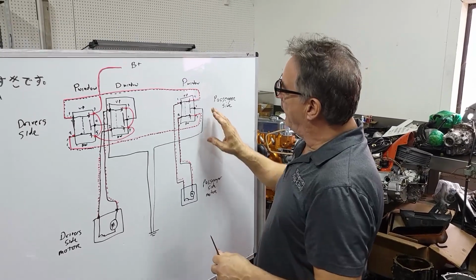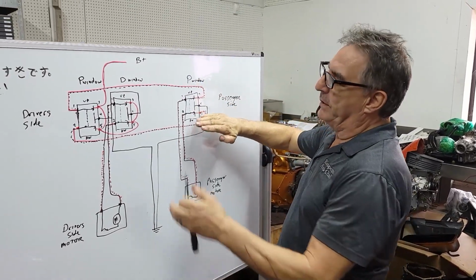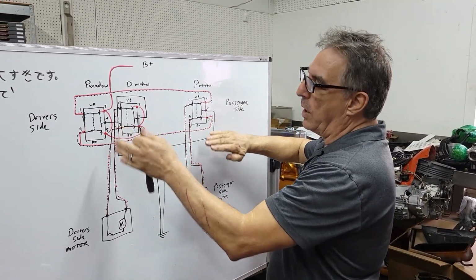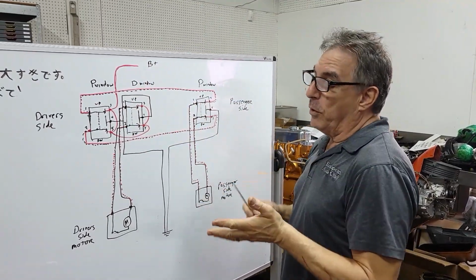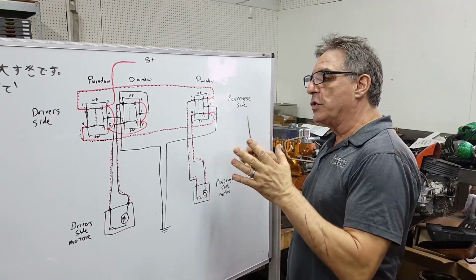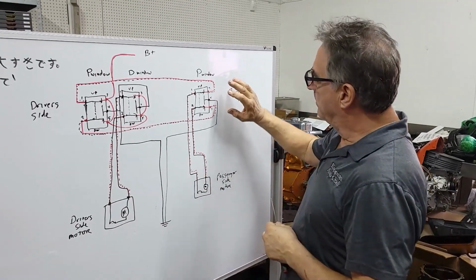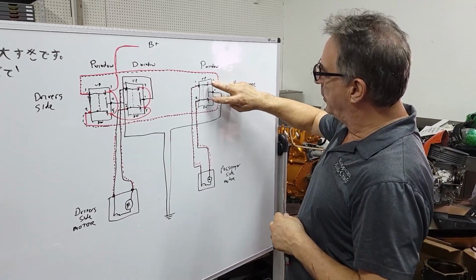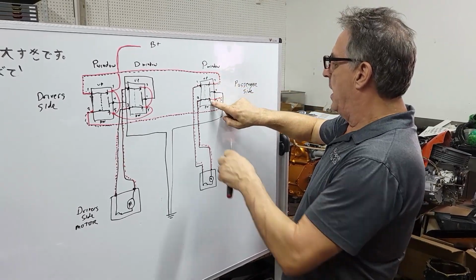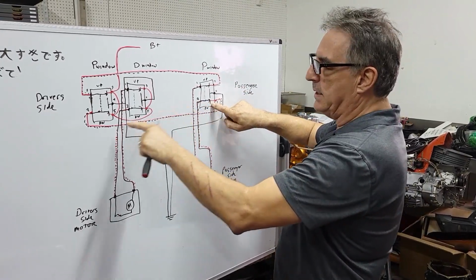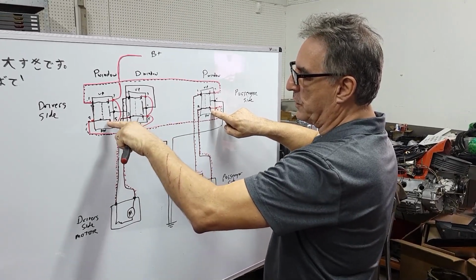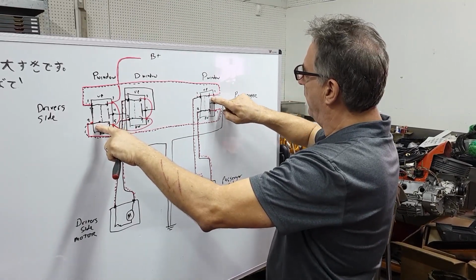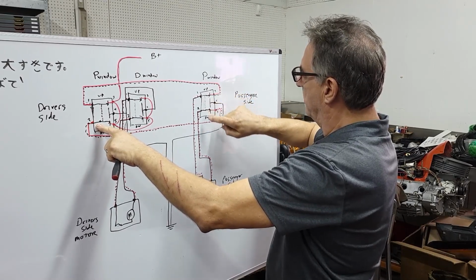But what happens if I want the switch down, but the driver wants the window up? I want the window down, he wants the window up. Well, we don't blow fuses, we don't short anything out, the window stops moving. And here's why. If I put the switch in the down position, I stay connected here, which is 12 volts. You can see how the power source goes through this switch, and this one goes to ground.